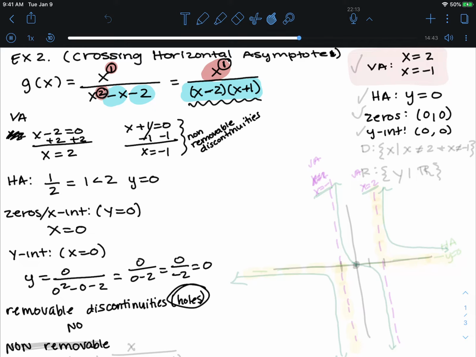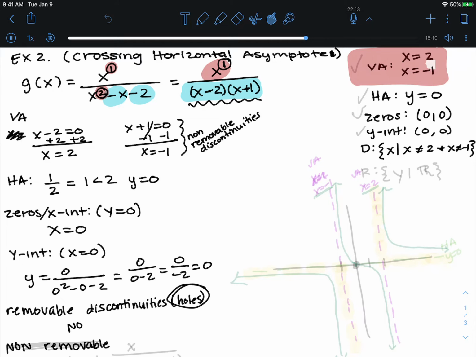So all that's left is to find the domain, okay? Well, what's my domain going to be? My domain is going to be all x values such that x cannot equal 2 and cannot equal negative 1. Okay, and why is that? That is because we have vertical asymptotes, right?